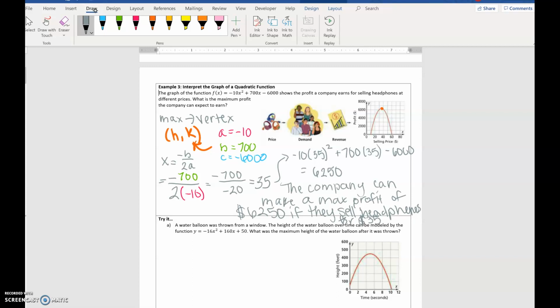Okay, so this is your final answer. So again, the company can make a max profit of this if they sell the headphones for this price.